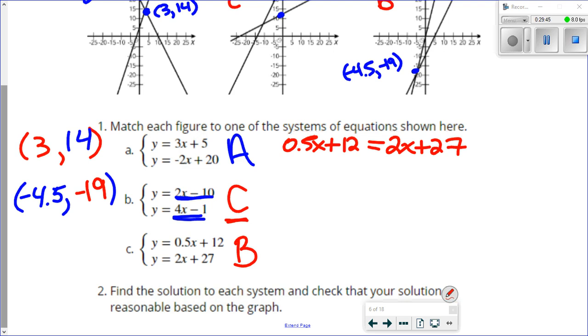I think I'm going to go ahead and move the 0.5x over to the right side, so I'm going to do the inverse of a positive 0.5x, which is a negative, or subtracting. Subtracting 0.5x from both sides.